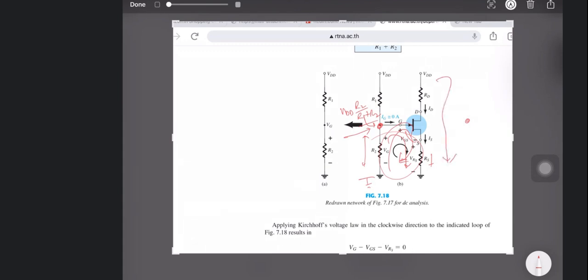That's why it is quite simple from here. So this VG minus VGS minus VRS. VRS is nothing but minus of IDRS. This is also ID. So you can find out any voltage from here. And this one is nothing but VDD minus IDRD minus IDRS.